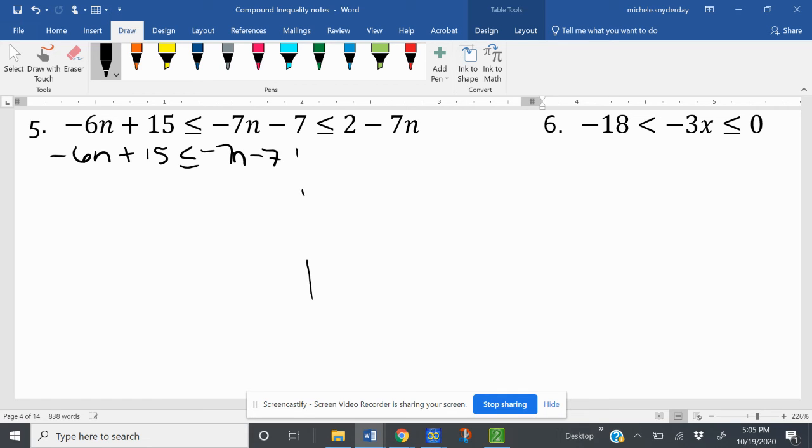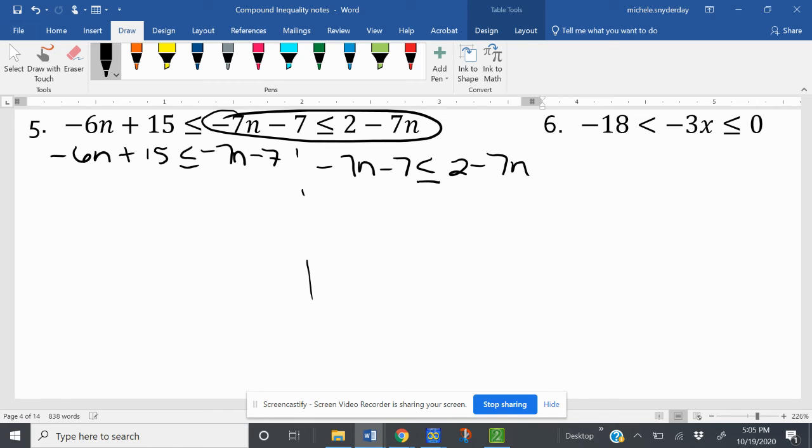That's the first half. The second half is negative 7n minus 7 again is less than or equal to 2 minus 7n. So those are our two inequalities that we need to graph and solve.